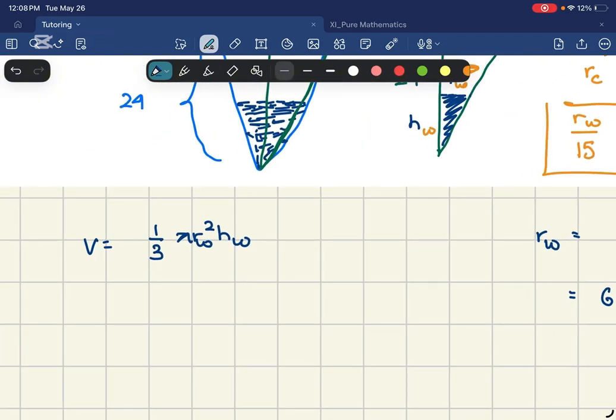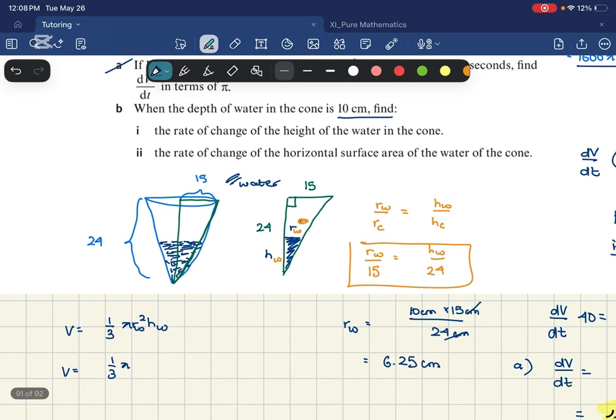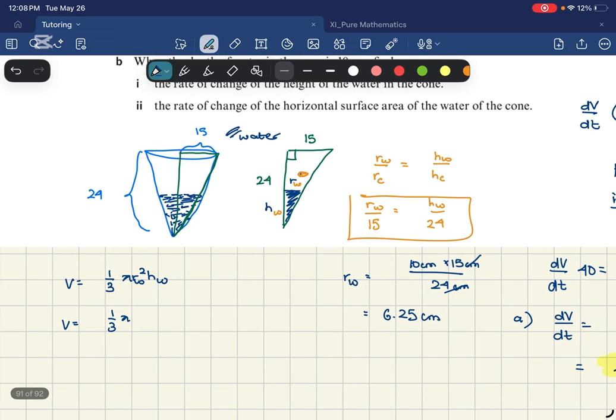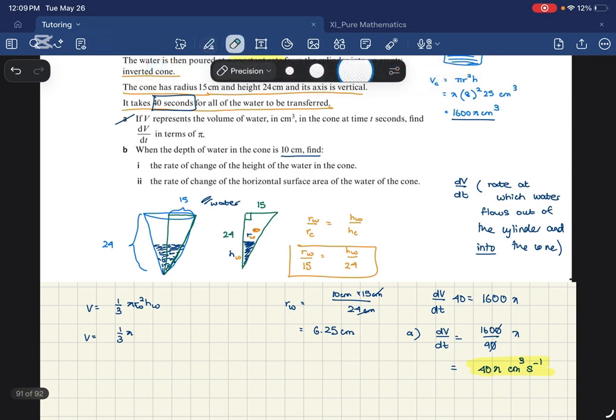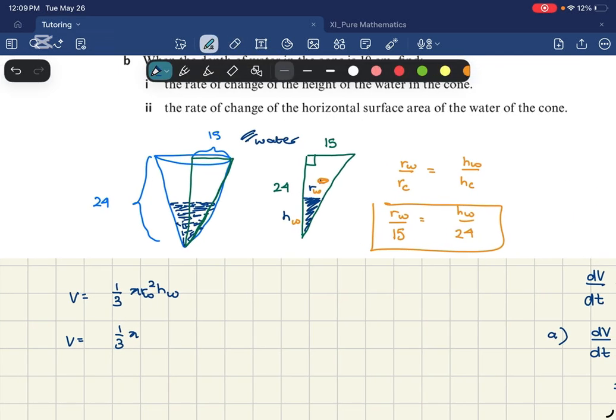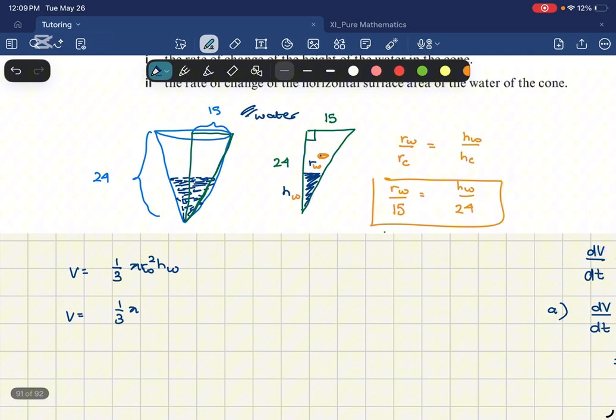All right. So V, I know what RW is. So now let's use this expression right here.